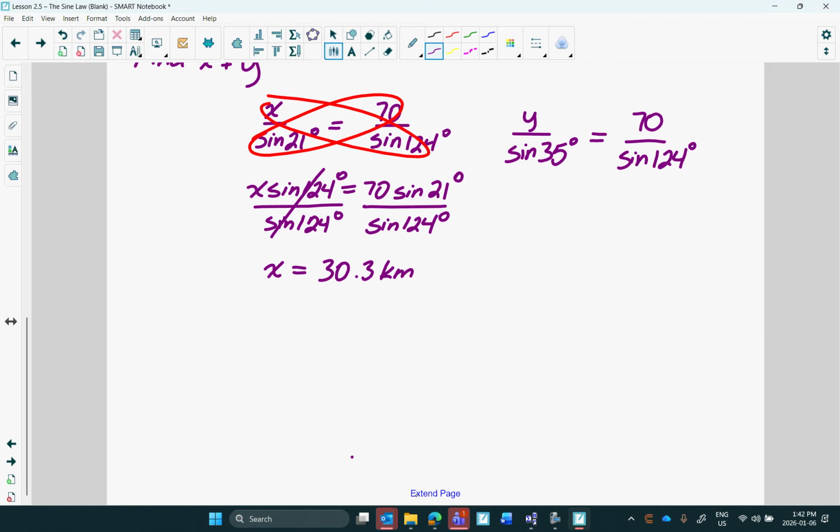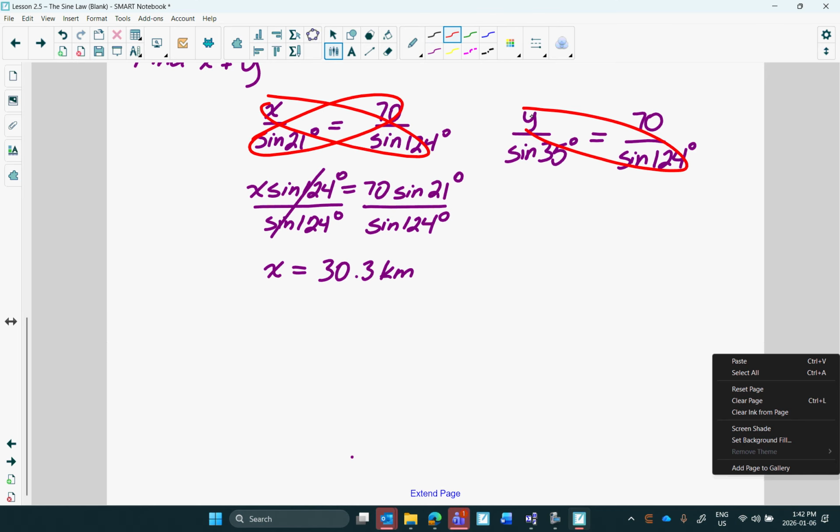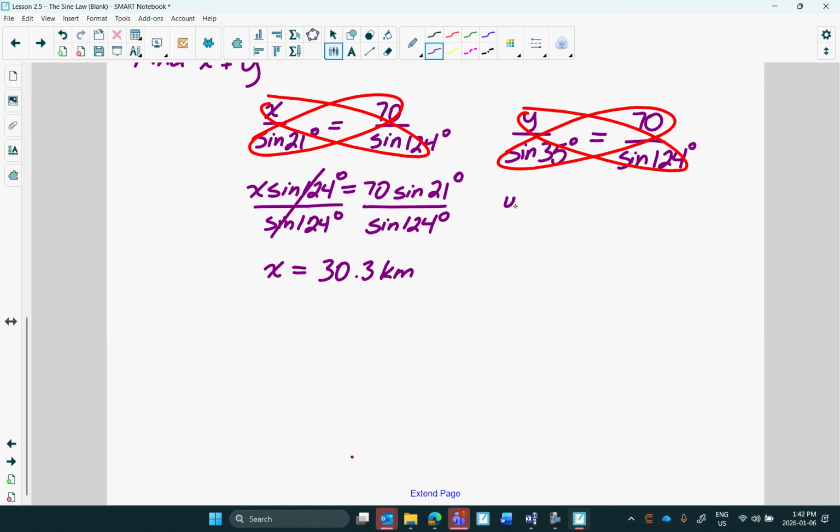And then I find y the same way. Cross multiply to clear the fractions. Y times sine 124 is equal to 70 times sine 35. Divide both sides by sine 124.